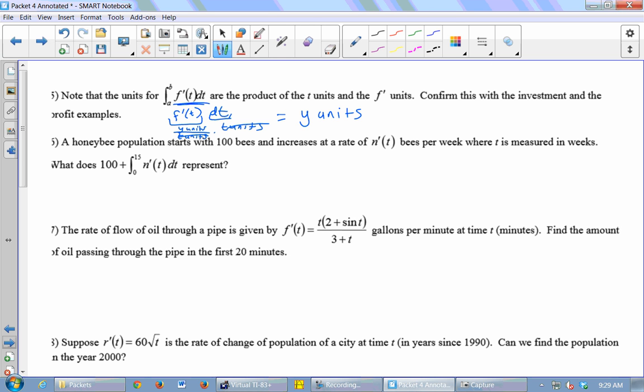All right, so a honeybee population starts with 100 bees and it increases at a rate of n prime bees per week, and t is measured in weeks. What does 100 plus the definite integral from 0 to 15 of n prime of t dt represent? Number of bees at what week? Week 15. Yeah. So 100 is my original number of bees, that's why it's there.